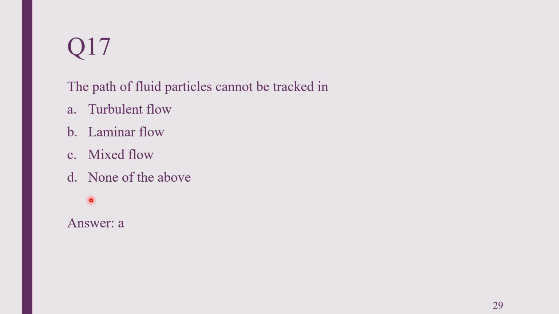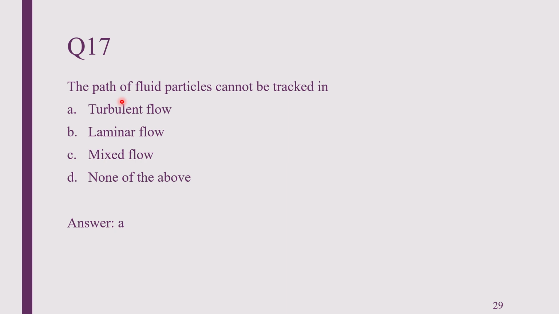Okay, in question 17, it is asked that the path of fluid particles cannot be tracked in option A, turbulent flow, option B, laminar flow, option C, mixed flow, option D, none of the above. Imagine a laminar flow, where the flow would be very ordered and there would not be any chaos.